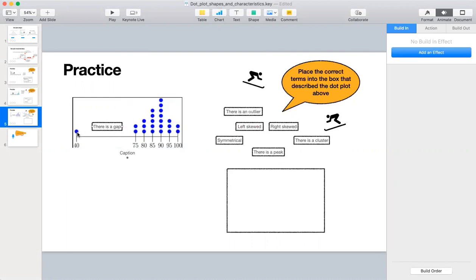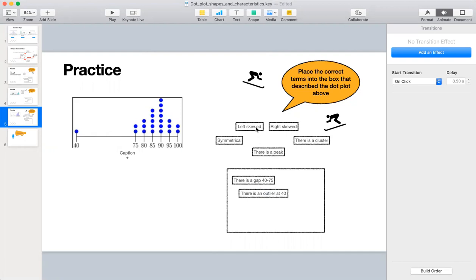So there's a gap from 40 to 75. We can put extra information in: a gap from 40 to 75. There is an outlier. Yeah, the outlier is at 40.